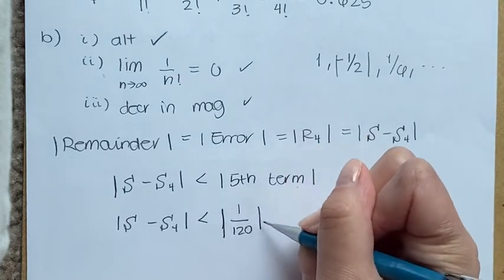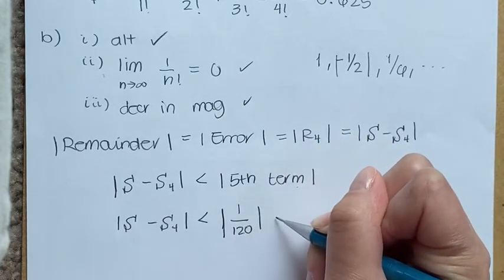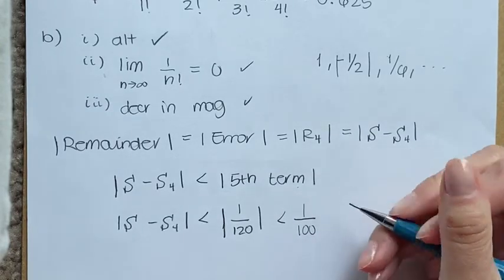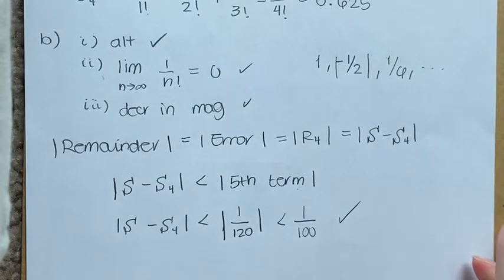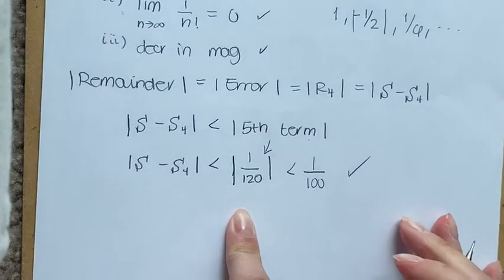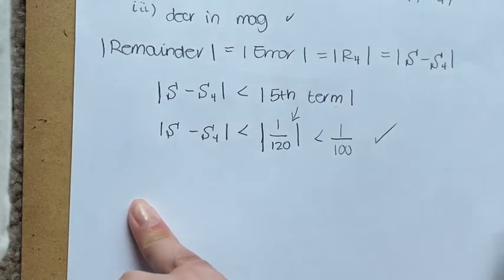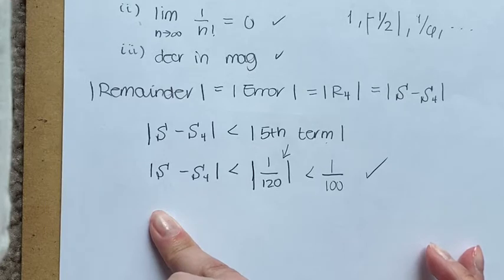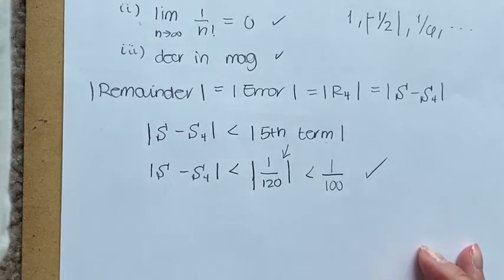And 1 over 120 is clearly less than 1 over 100, which is completely true, so check. This is my explanation. I know that it's a very math-like explanation, but we're in calculus, so that's the explanation we are looking for. Your explanation is that the absolute value of the 5th term, aka the truncated term, is less than 1 over 100, and that's why it works.